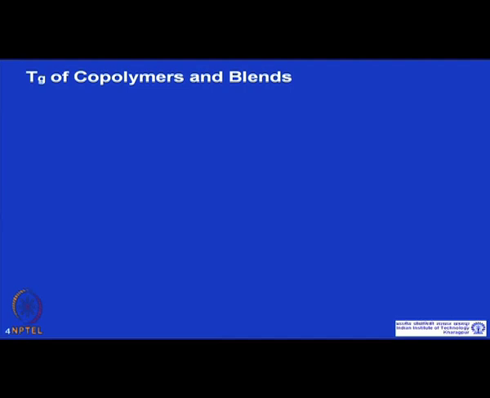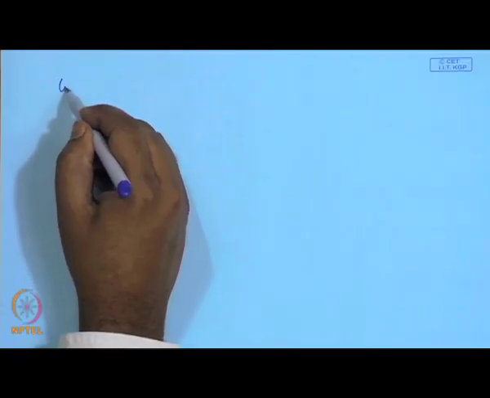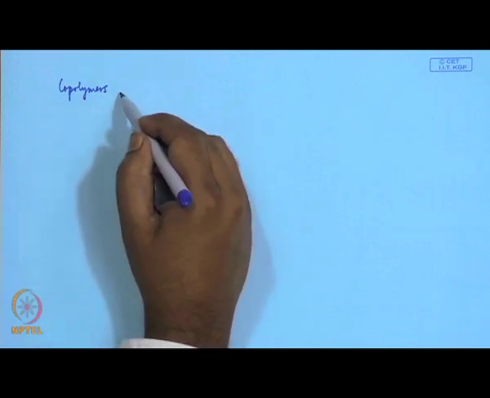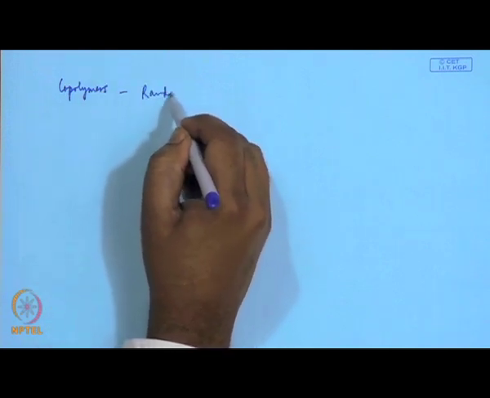What about the Tg of copolymers? We talked mainly in the last class about the Tg of homopolymers. Now, what about the Tg of copolymers and polymer blends? If you talk about copolymers first, you can have random copolymers.